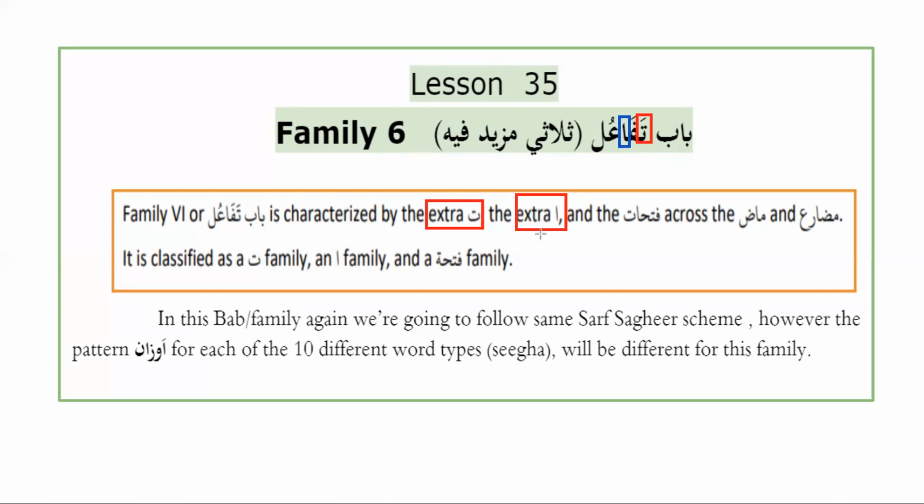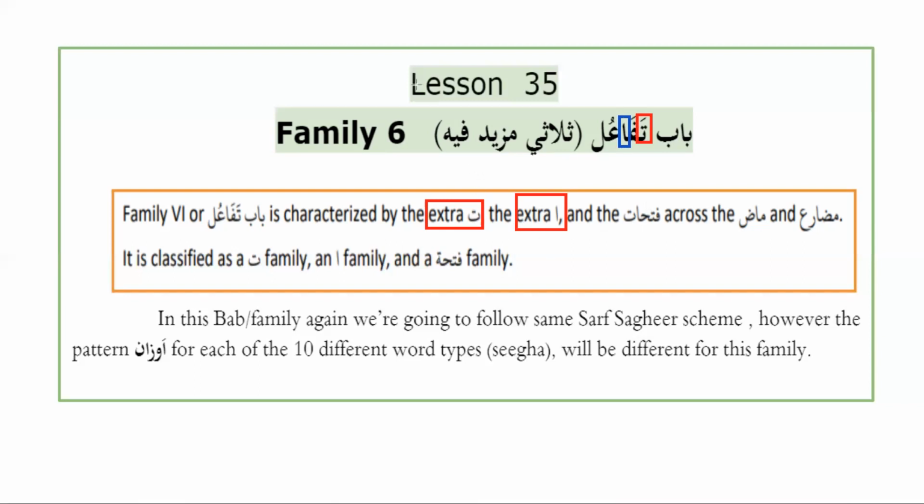But obviously the third family, Jahada yujahidu jihadan wa mujahadatan, doesn't have ta. But in this family, Bab 6, there is an extra hamza, just like the third family, but this family has extra ta also, this ta in the very beginning.